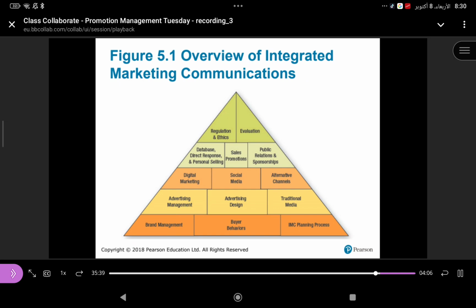You may be seeing many ads on the streets as well. So we say a company is trying to have a combined effect of all the different modes and mediums of communication. And this will have a combined effect for the final sales of that product.